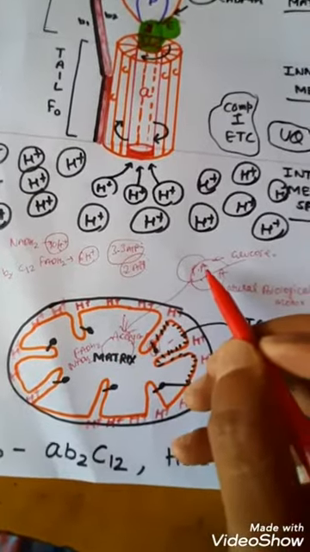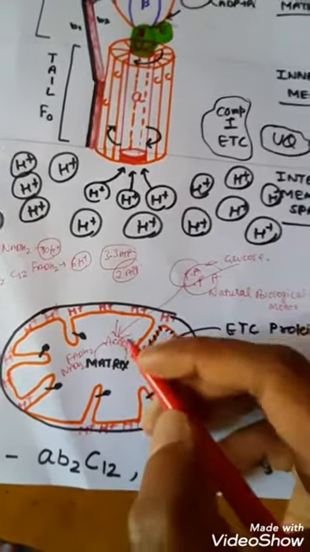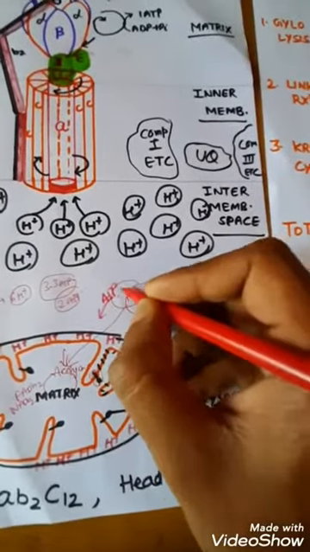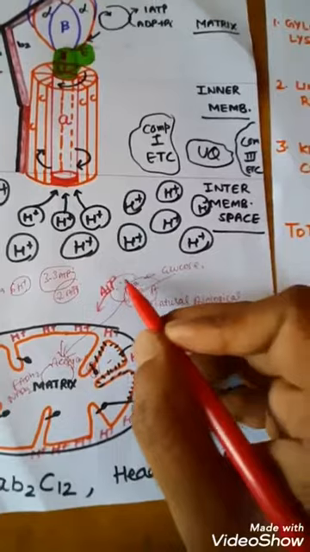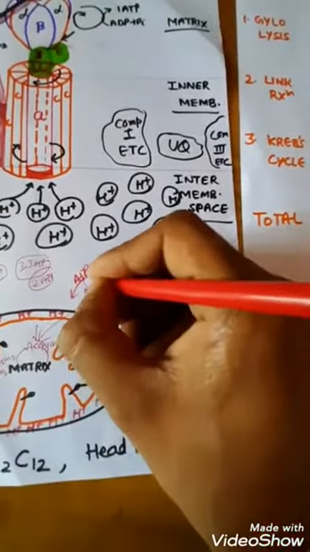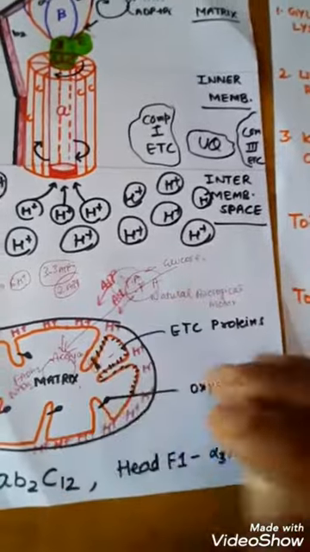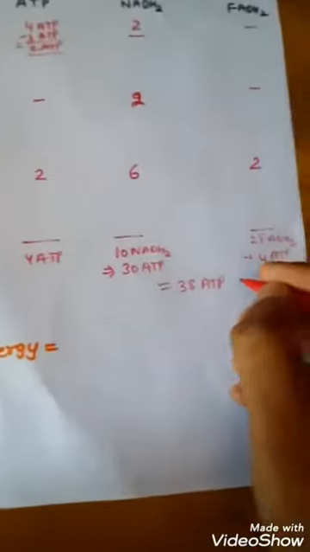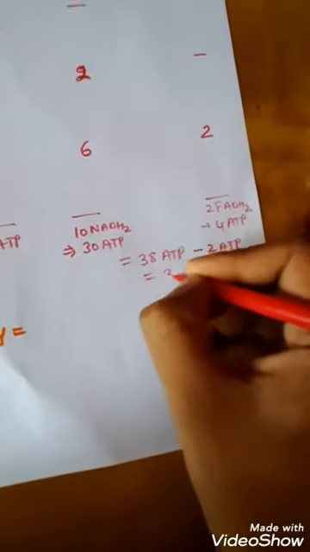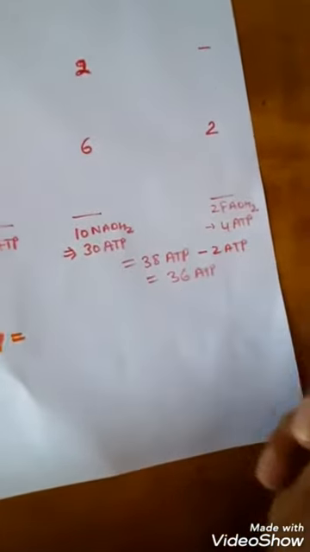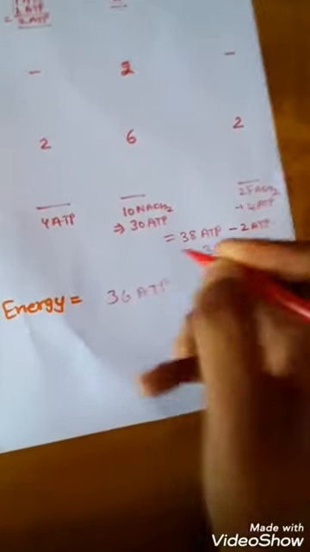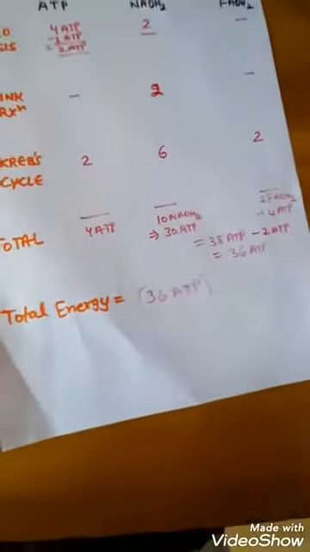So for pumping the pyruvic acid into the matrix of the mitochondria, 1 ATP molecule is utilized because it is active transport. And since there are a total of 2 pyruvic acids, there will be an expenditure of a total of 2 ATPs to pump the pyruvic acid into the matrix of the mitochondria. Therefore, we use 2 ATP molecules in pumping the pyruvic acid. Hence, an overall 36 ATPs are gained.